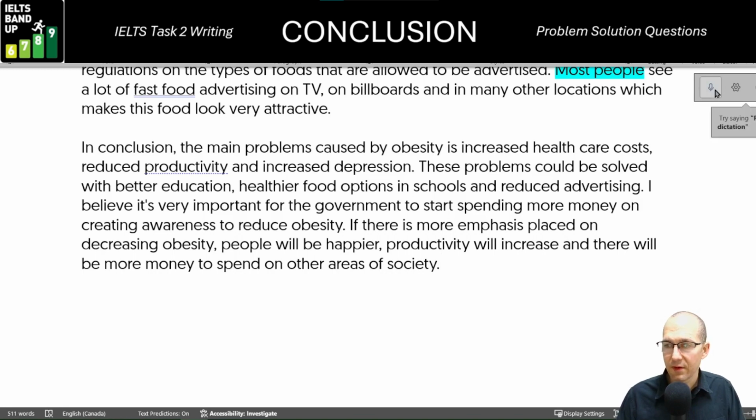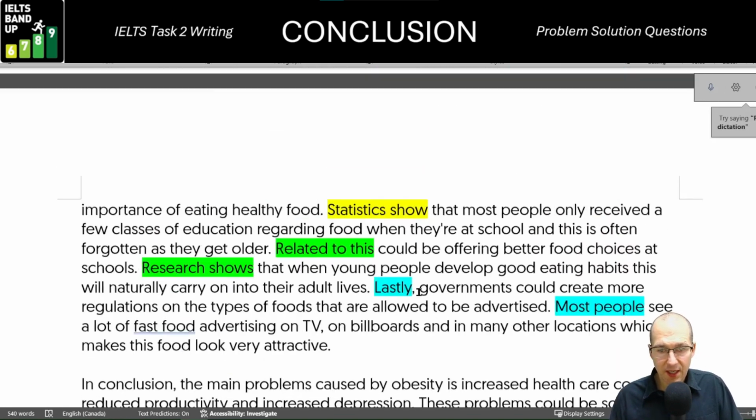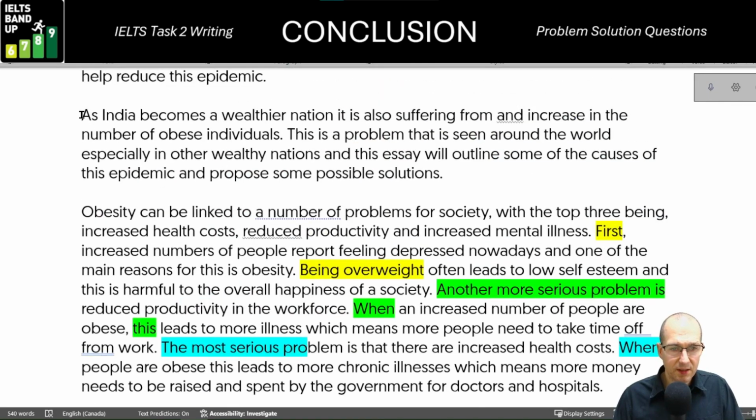There. Now it looks a lot nicer. So that's the conclusion. Okay, and let's just check how many words it all is.